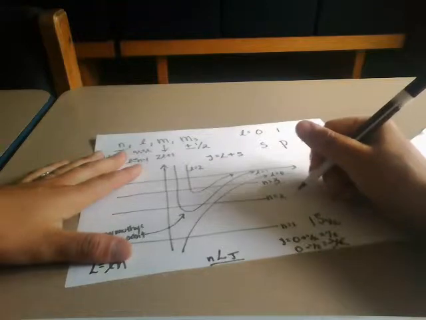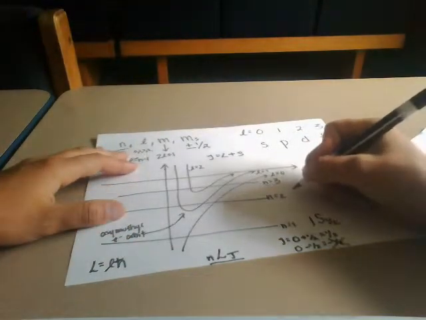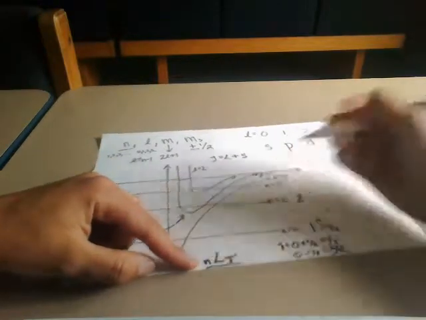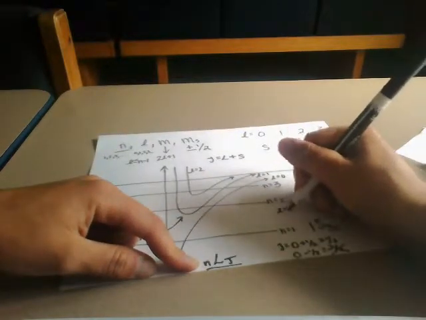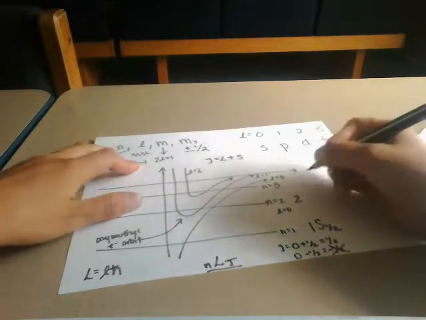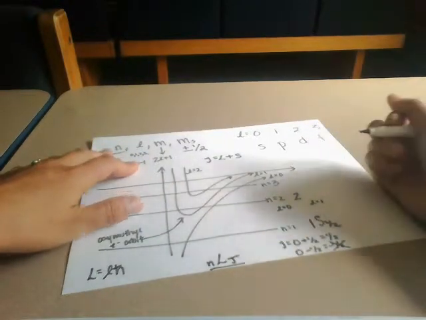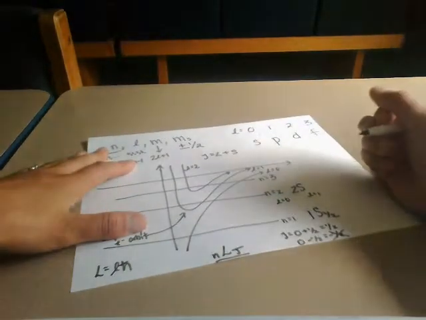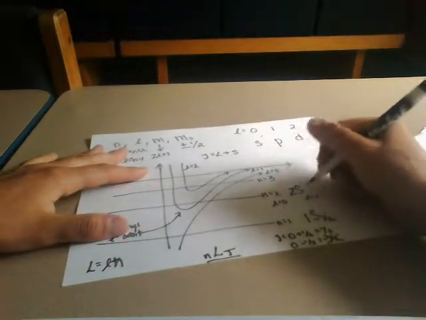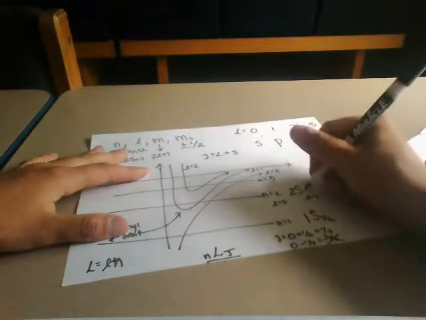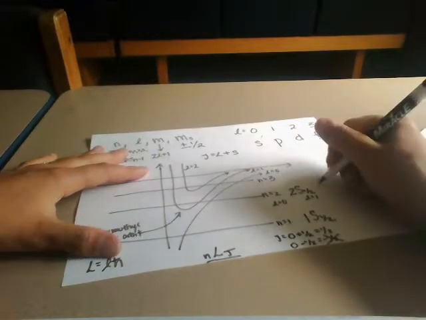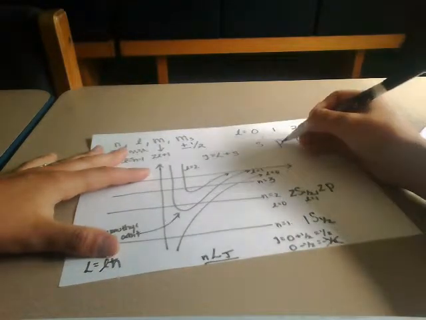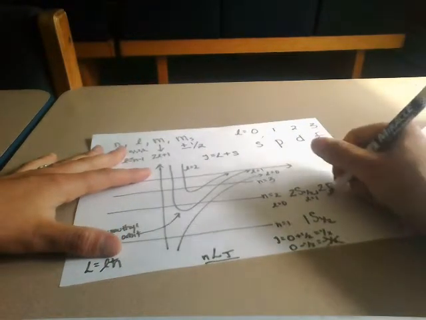N equals 2, what are our possible values? Well, our N is 2. Our L can be 0, right, because 0 is less than 2 minus 1. And our L can also be 1. When L equals 0, we still have S as our angular momentum value, and J is still going to be 1/2 as our only option. When L equals 1, P is our new angular momentum value.